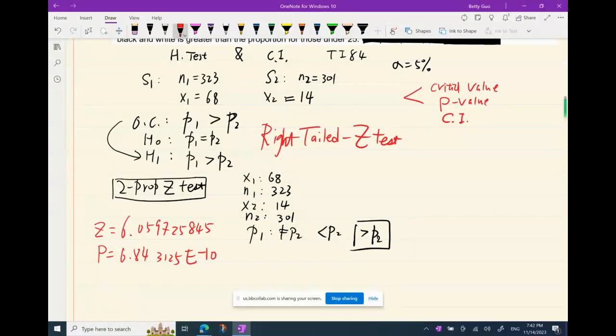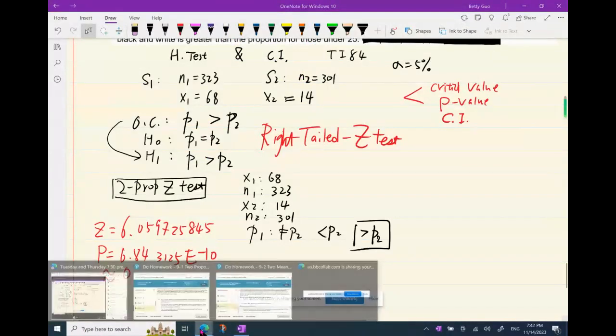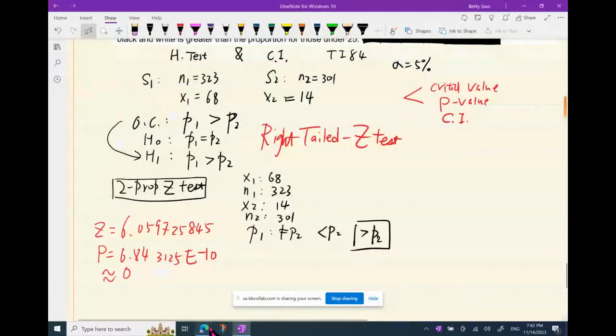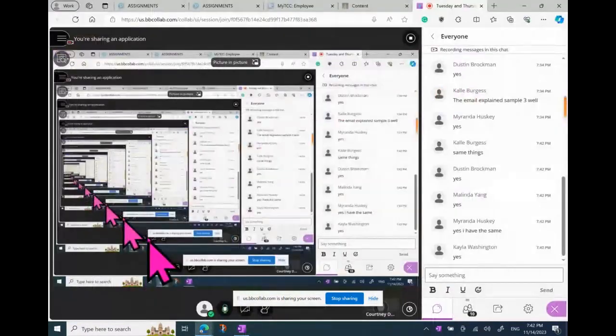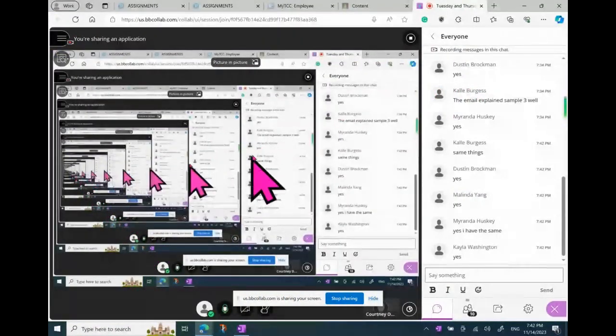So that tells us the p-value is super tiny. We can round it to 0, no problem. Let me know, do you have the same test statistic z and p-value? You should have the same thing as me. All right, very good. Thank you, guys. Perfect.